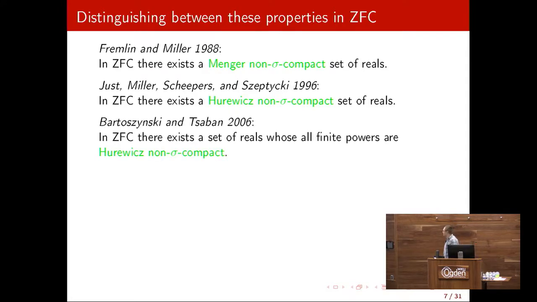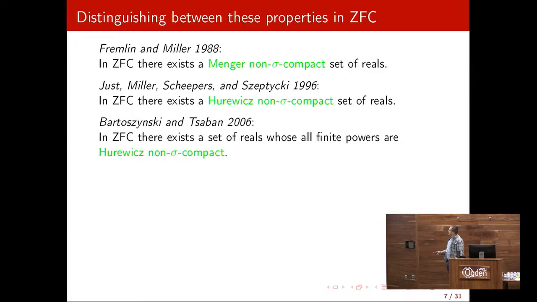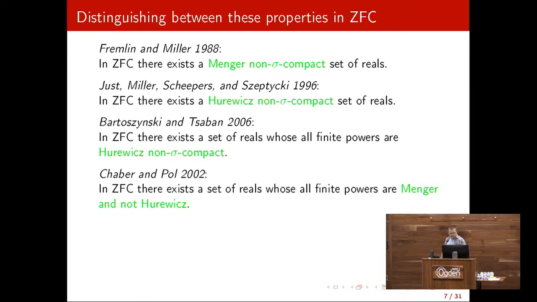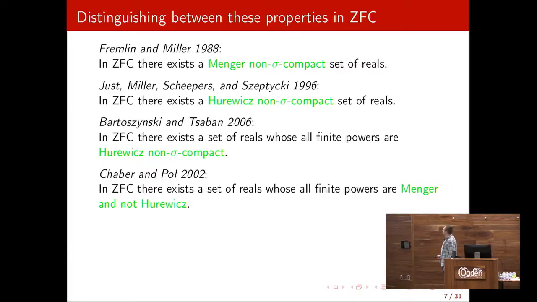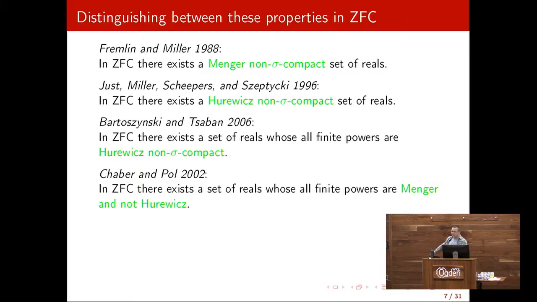Bartoszyński and Tsaban in 2006 improved it, that you can even get that all finite powers of this subset have the Hurewicz property. And then Just, Miller, Scheepers, and Szeptycki in 2002 proved that there is a set of reals whose all finite powers are Menger and not Hurewicz. So basically all of the properties in that row can be distinguished in ZFC.